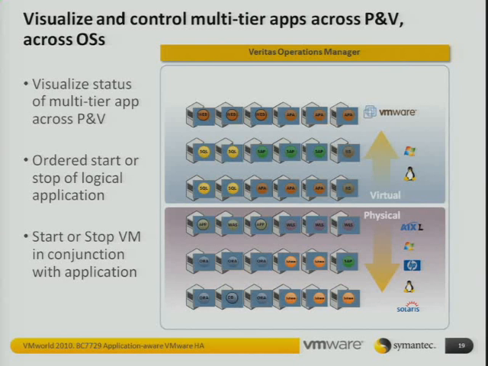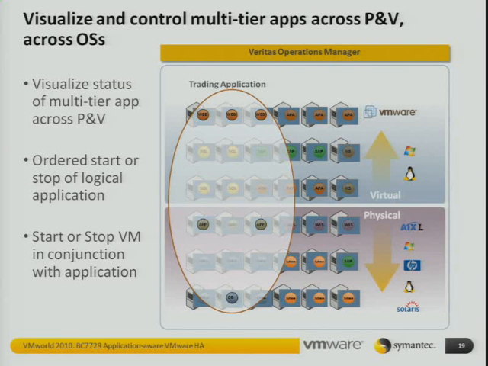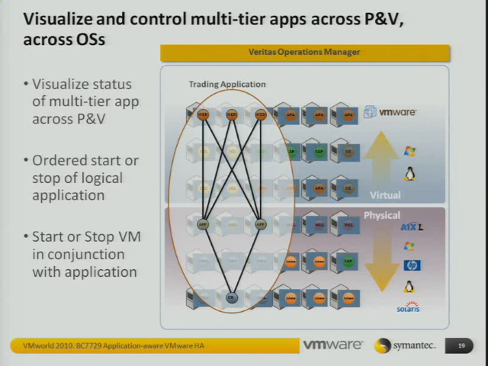And by using that, users can visualize the status of a multi-tier application. So for instance, if you have a trading app with, let's say, web tier running on VMware, and app and database tier running on physical or other operating systems, you can see all of that as one single logical entity and say, okay, is this application up or down?